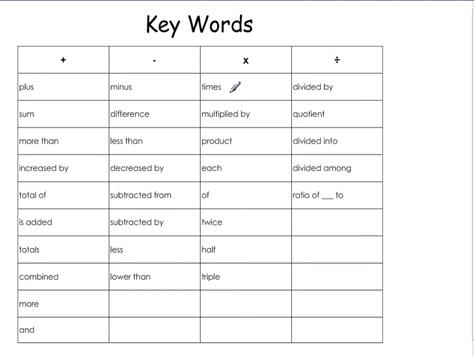Multiplication words would be times, multiply by, product, each, of, twice, half, triple. Division words would be divide by, quotient, divided into, divided among, ratio of a number to something else.